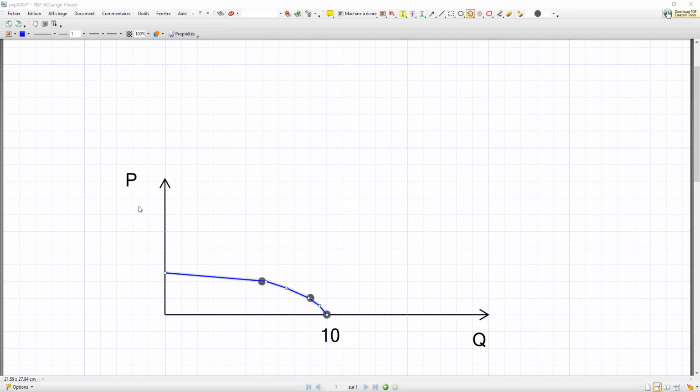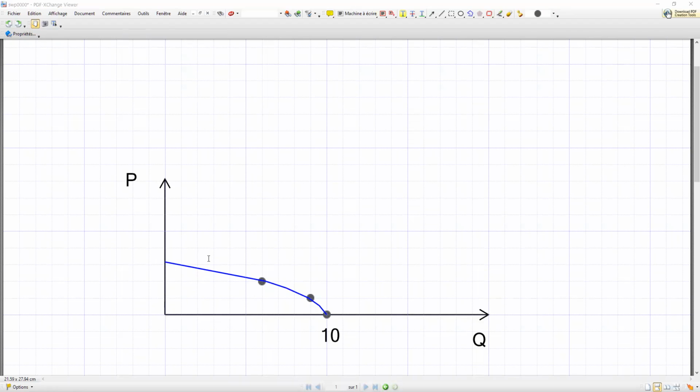So if Q equals 0, then P equals square root of 10. Okay, yeah, that's not so good. Square root of 9 would be 3, so square root of 10 would be a bit above. So like here, more or less. This looks funny a bit. All right, maybe that's right.